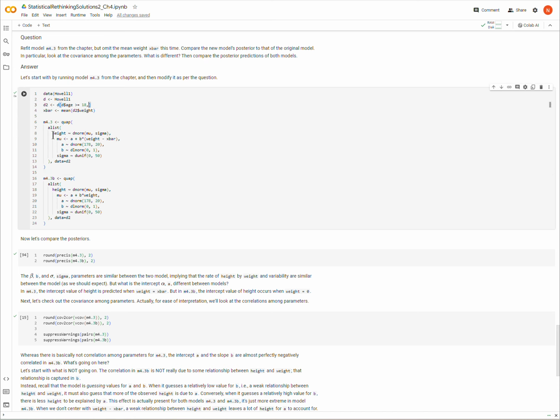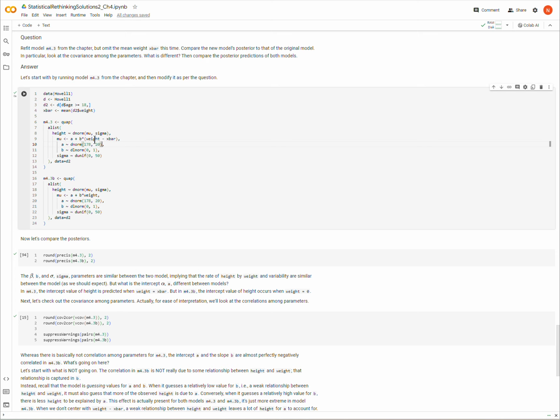We are modeling the height of these individuals as a normal distribution, where the mean of that normal distribution is being modeled as a linear model with an intercept and then a beta term, or a slope term, that is contingent on weight. So in other words, we're modeling height where the average height is some function of weight, right? So that makes sense.